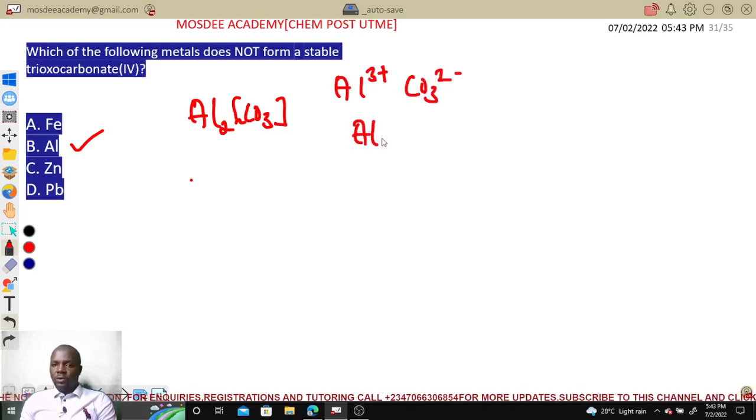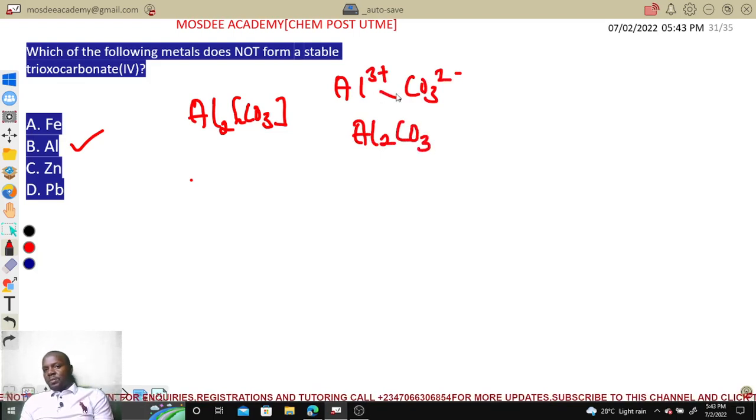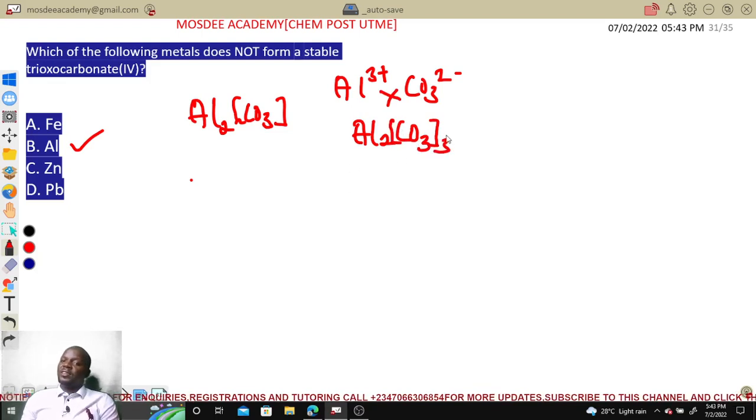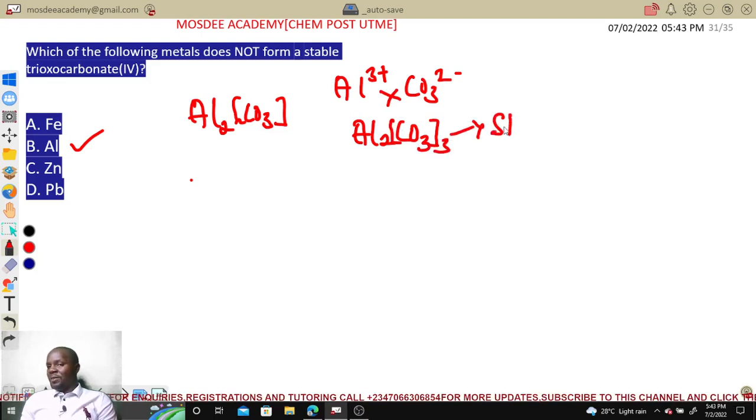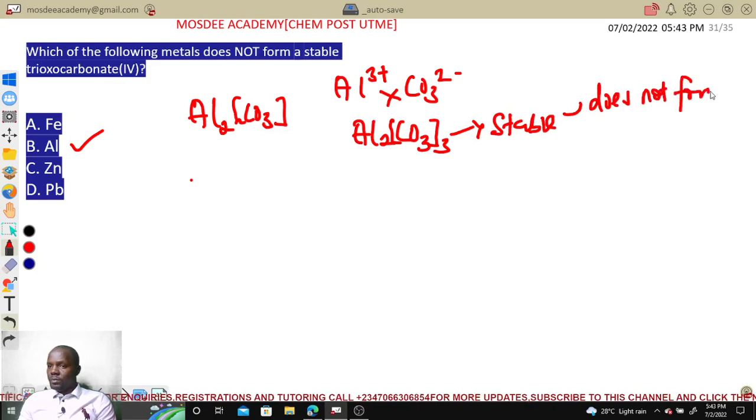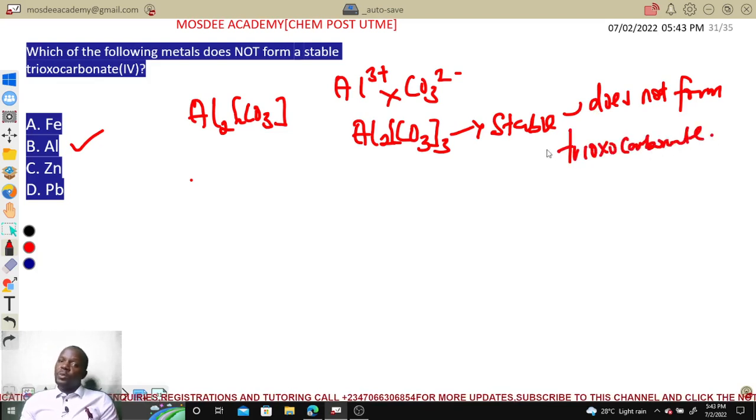If I cross multiply, you can see that is why it is not stable. In fact, aluminium does not form trioxocarbonate. Note that if it forms, it does not last long. This is the trioxocarbonate of aluminium, and that is the answer.